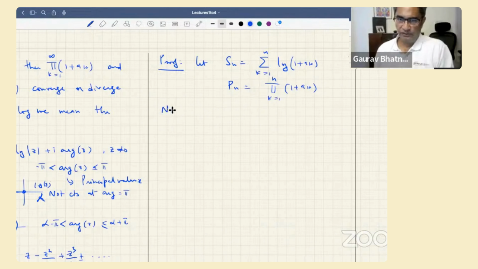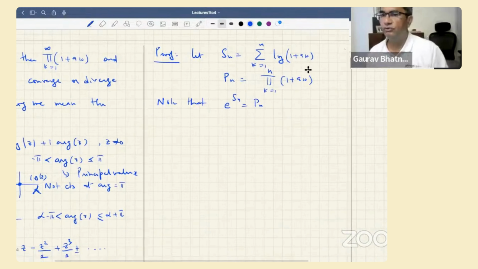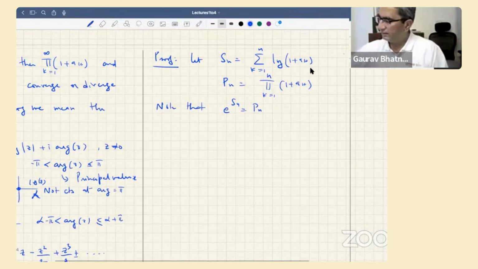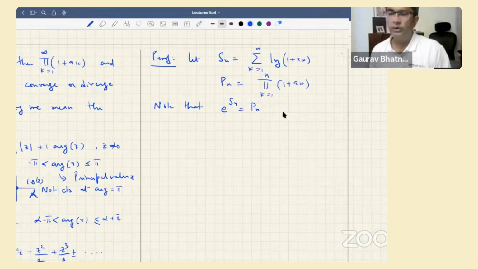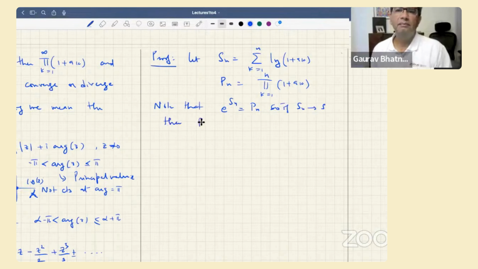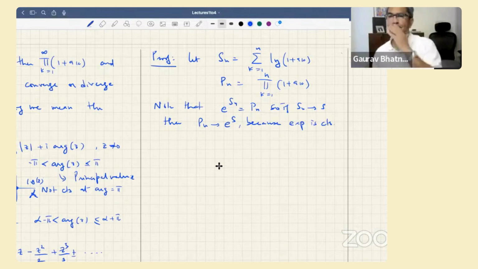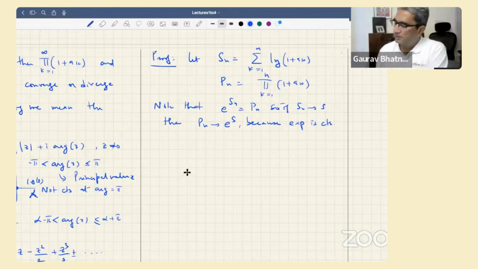First note that if you take the exponential of S_n, we get P_n, whatever the values of logs we are taking here. So if S_n converges to S, then P_n converges to e raised to the power S, because the exponential function is analytic, hence continuous. So this part is fine.